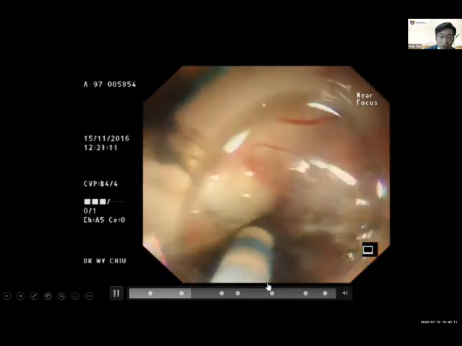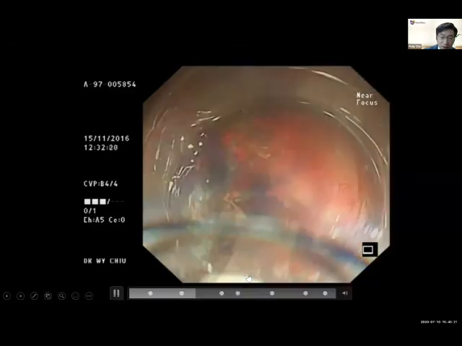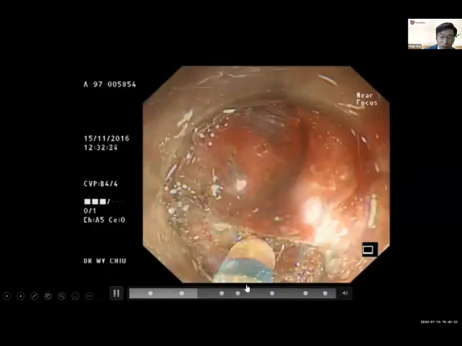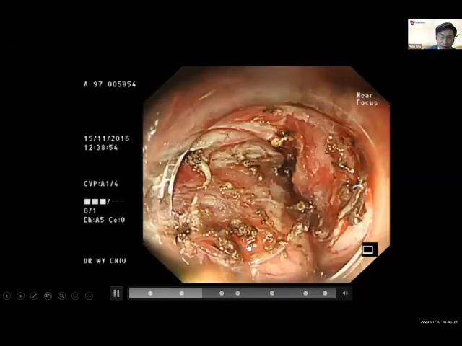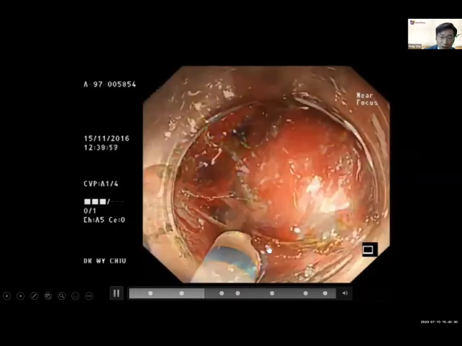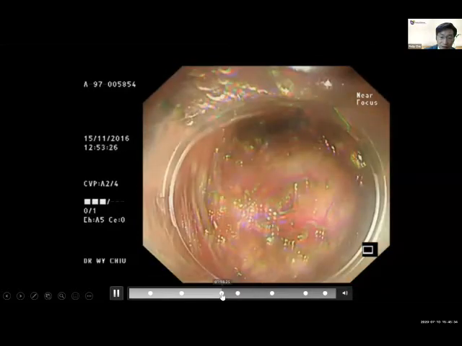We used ordinary endoscopic instruments, including, as mentioned before, this dual knife that I also use for performance of ESD. Afterwards, I would generally also use an IT knife to perform the dissection.